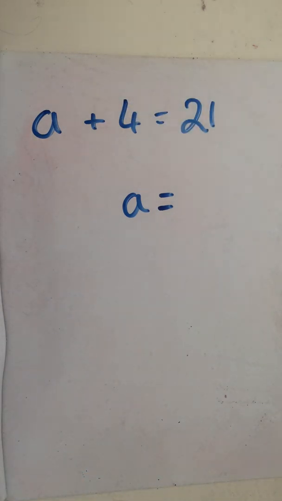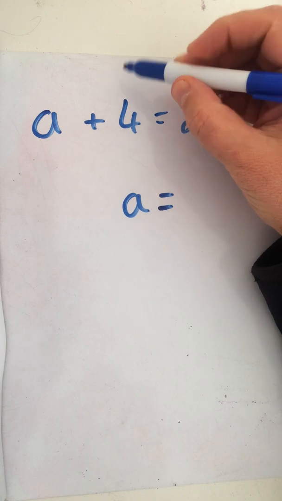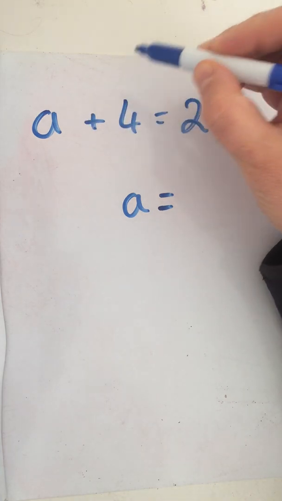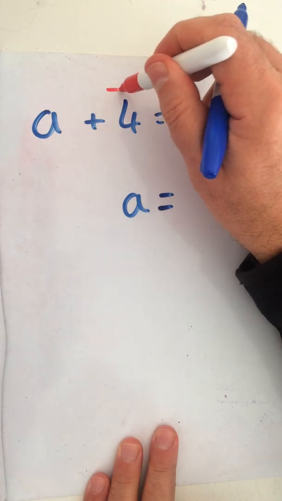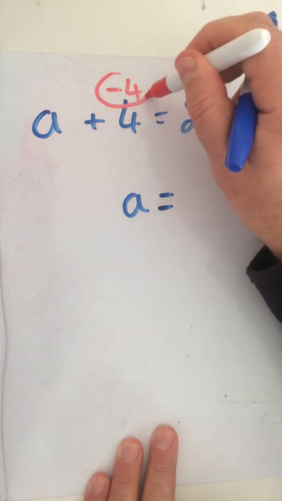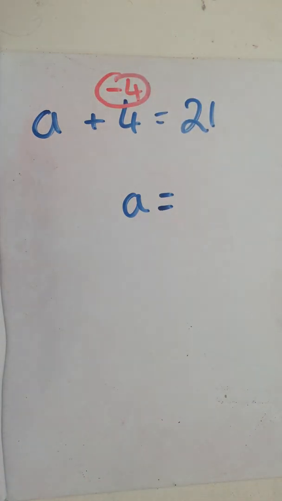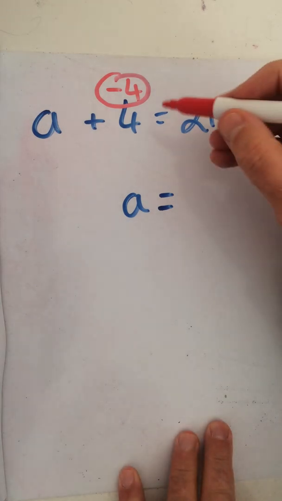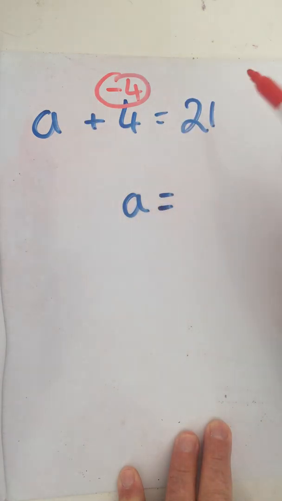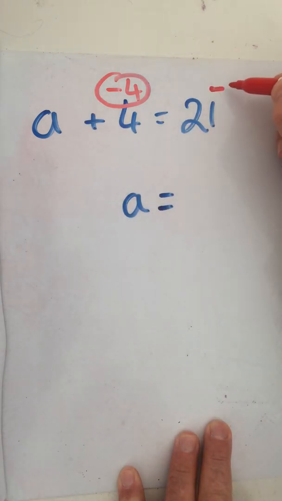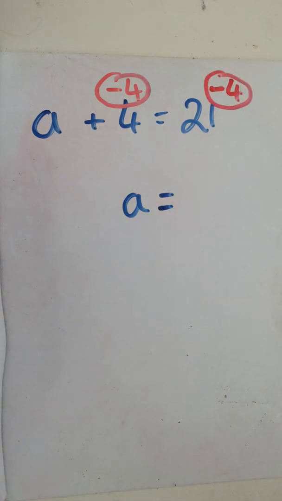Now this is called the balance method. To get rid of this plus 4, all I need to do is take 4 away from it. So I'm going to put a minus 4 above it and circle it. It's called the balance method because whatever I do on one side of the equation, I balance it by doing the same on the other side. So there I've balanced that out by taking 4 away from both.